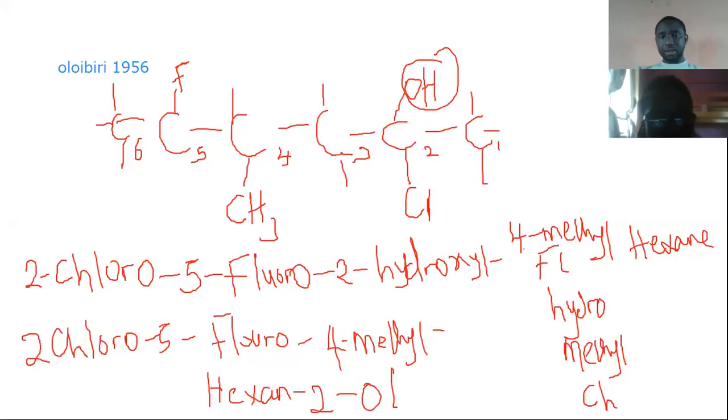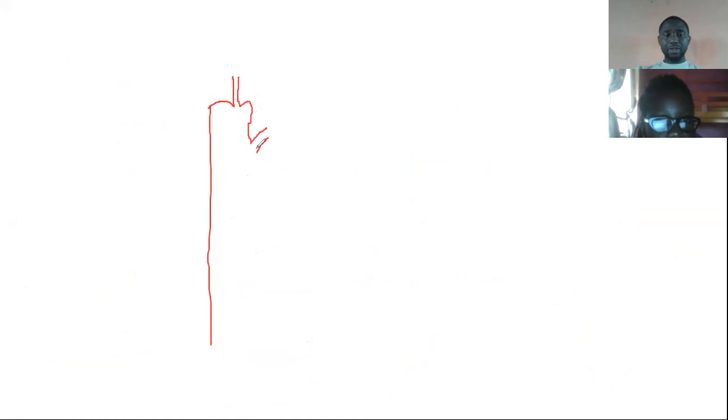An example of the fractionating tower or column is something like this. Here is my drawing. The first product comes up. The next one comes up.